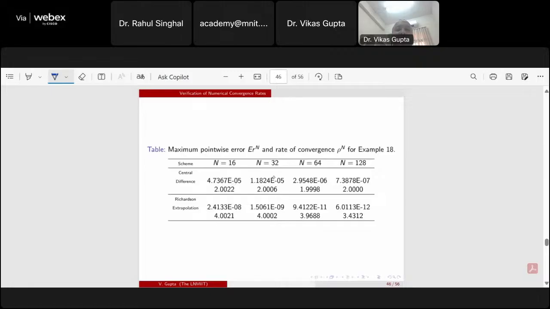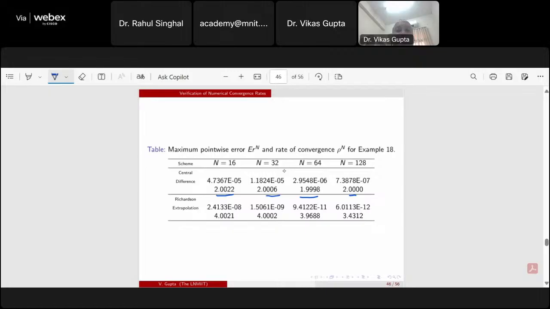With n equal to 32 it is also an error of order 10 to the power minus 5, but roughly half the error corresponding to n equal to 16. So the numerical order of convergence we find out below. You can notice that the central difference scheme is second order accurate, and we verify it numerically. We are exactly getting the numerical order of convergence 2 over here.